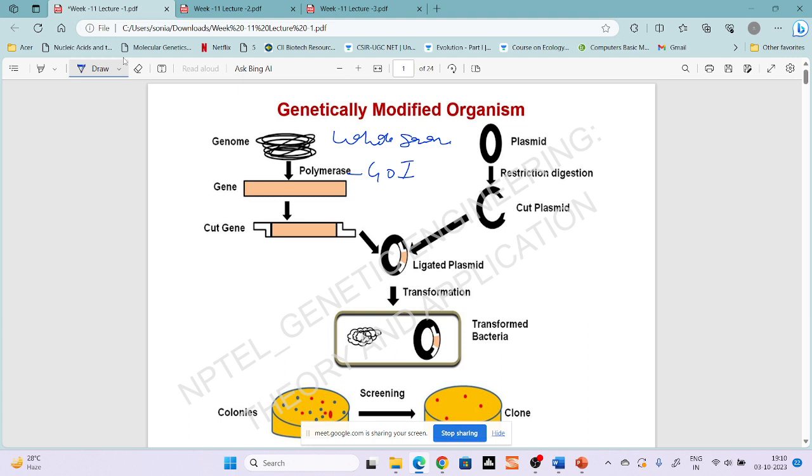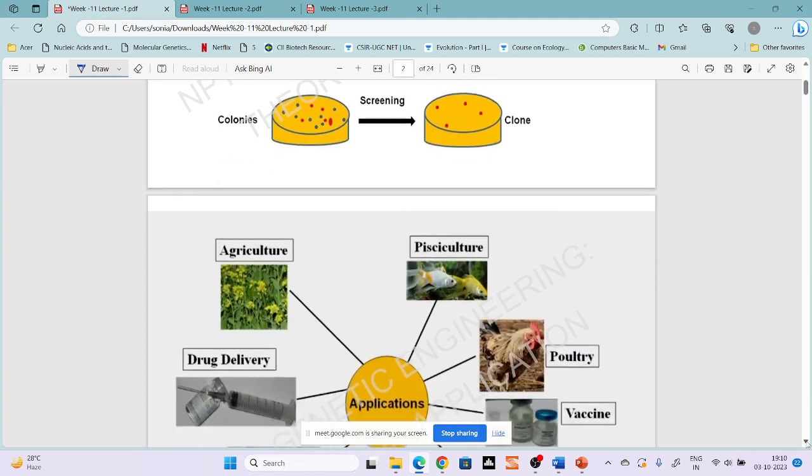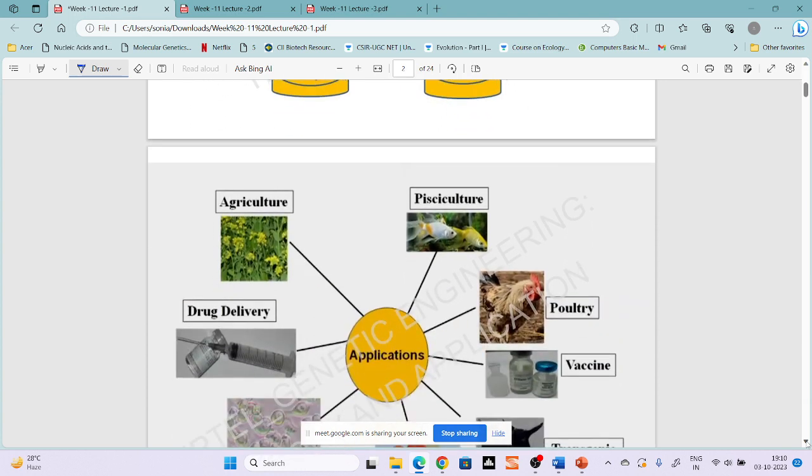Then we did the digestion, ligated it, transformed it, screened it, and got the clone, and then we expressed our clone, and the rest is what we have studied. So biotechnology has applications in various fields such as agriculture, drug delivery, pisciculture, poultry, vaccines, and so on.